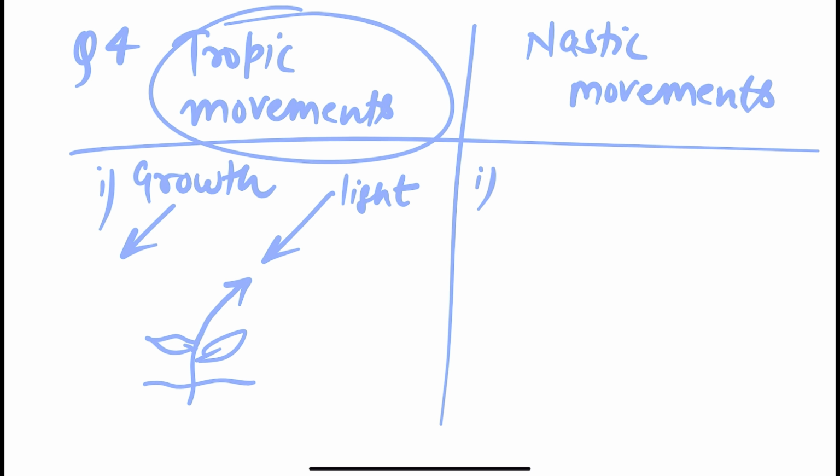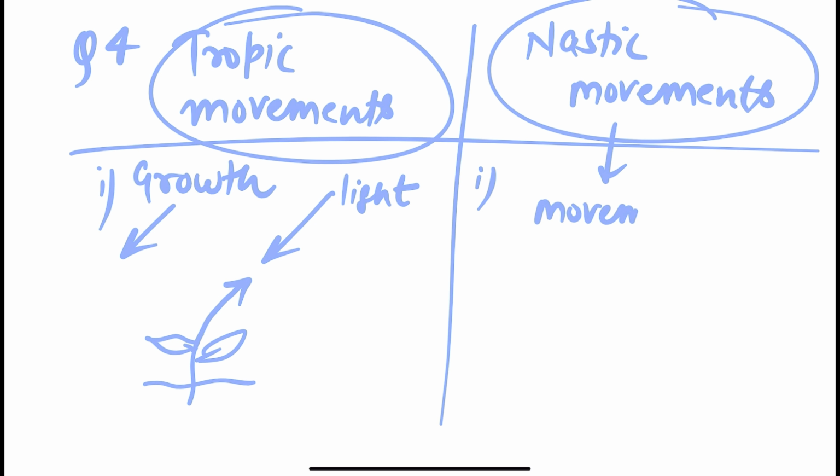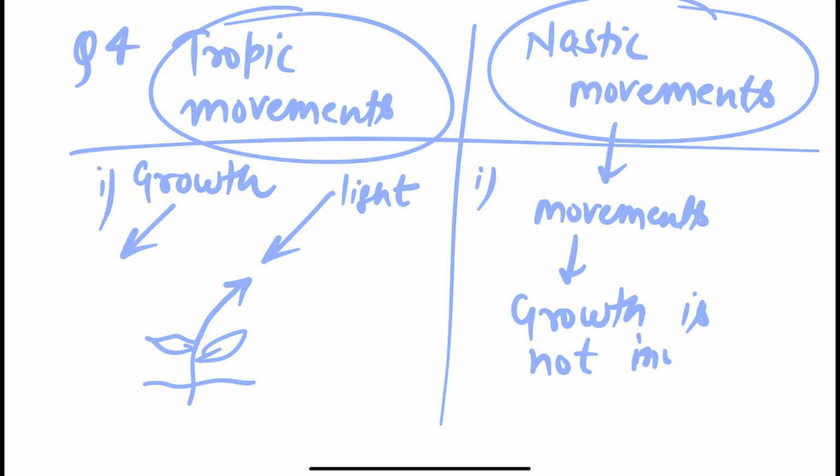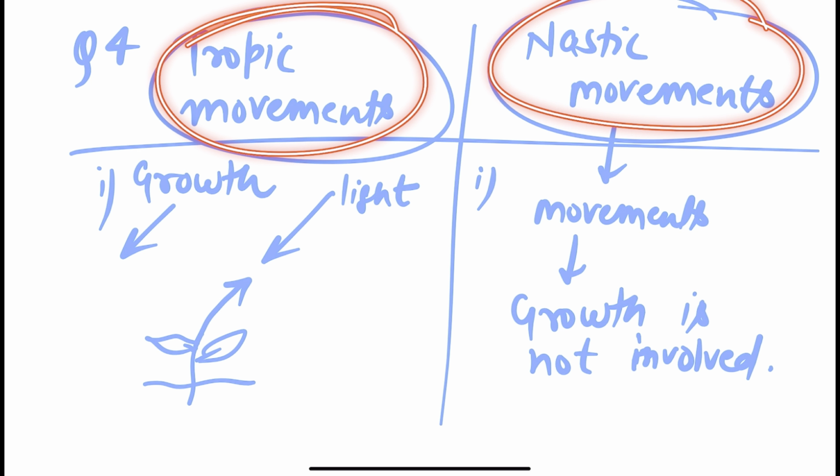But when we talk about the nastic movements, these are those movements in which growth is not involved. So we have two types of movement in case of plant, the tropic movements and the nastic movements.